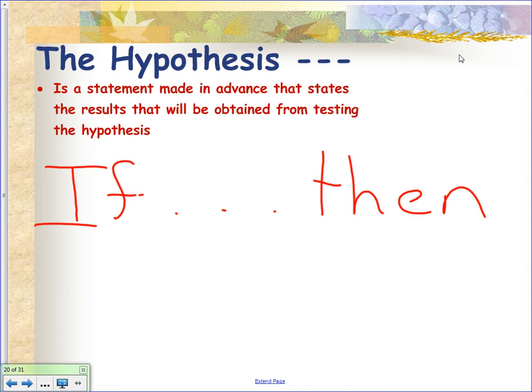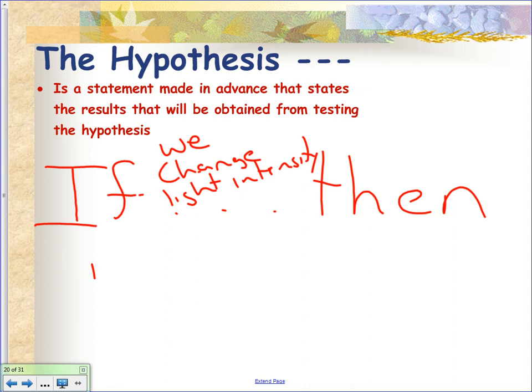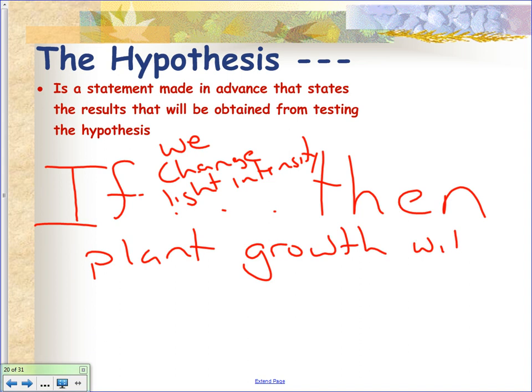So for example, if we change light intensity, then plant growth will increase.